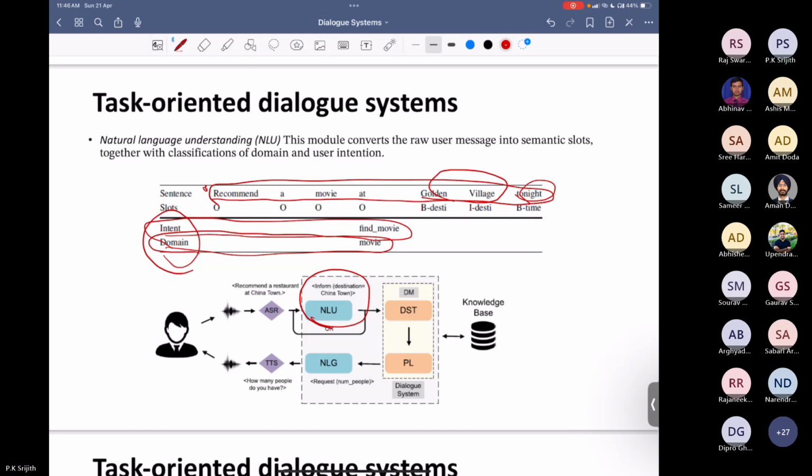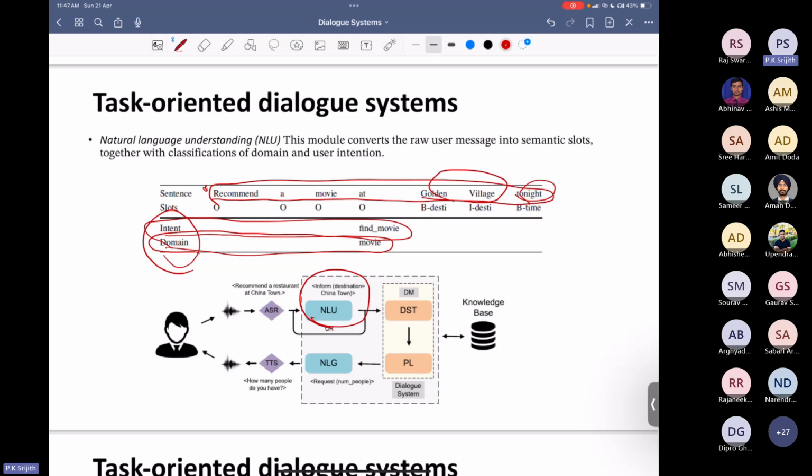For example, have you heard of the IOB tagging scheme, where IOB represents inside, outside, beginning? Something like an IOB tagging scheme can be used to identify the location, time, etc., that the user is referring to within a given user input.